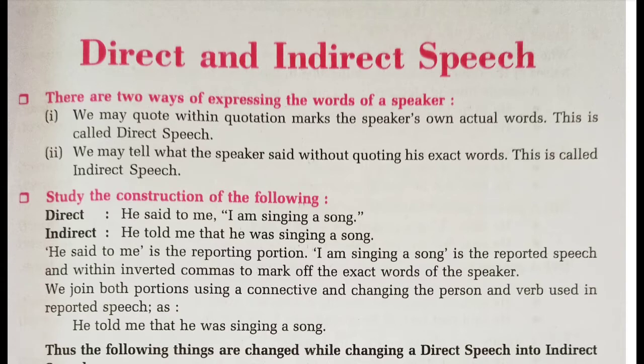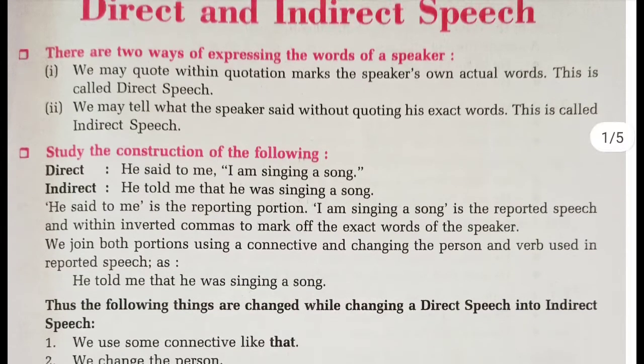That means the verb or verbs inside inverted commas should also be changed into past tense. So look at the answer. He told me that he was singing a song. So am singing is in present continuous tense, but when we remove the inverted commas, it becomes was singing, which is past continuous tense.